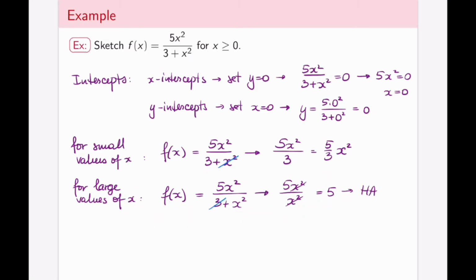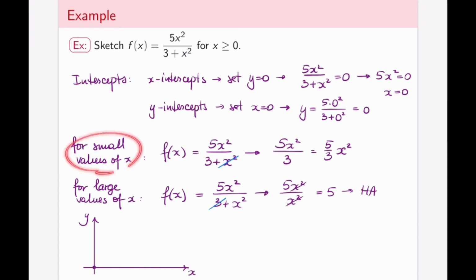Now, with all of this information, I can already sketch the graph of the function. Remember that I'm only interested in doing so for positive values of x, so I'm not even going to bother drawing any other quadrants. What I have discovered is that my function has to go through the origin, so I can plop the point over here.